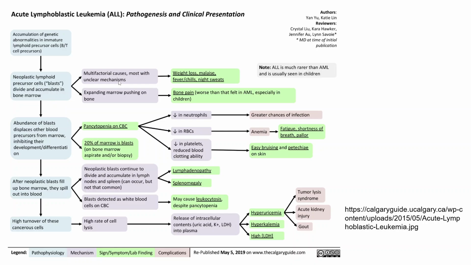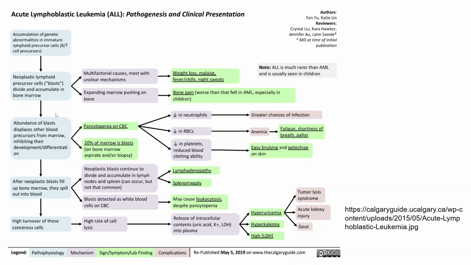Because of the bone marrow expanding, the patient would have symptoms such as bone pain, particularly more acute than in myeloid leukemia, and particularly in children. Weight loss, fever, chills, and night sweats would be the common symptoms at that stage.